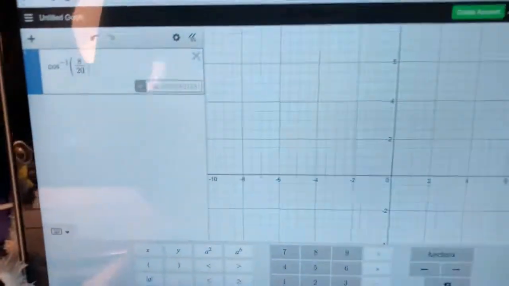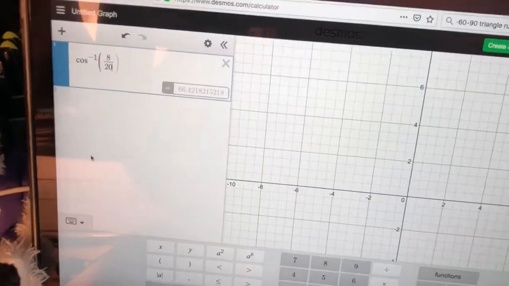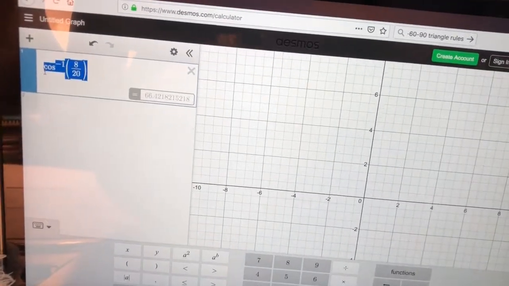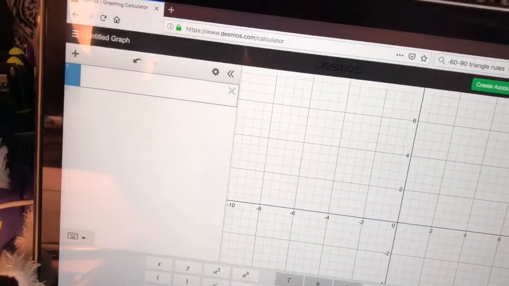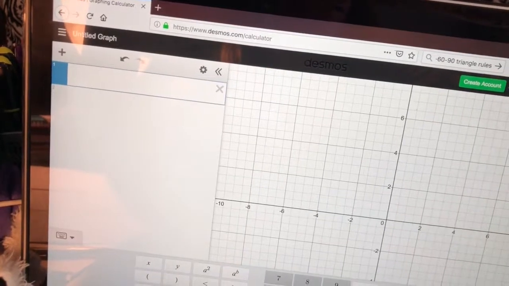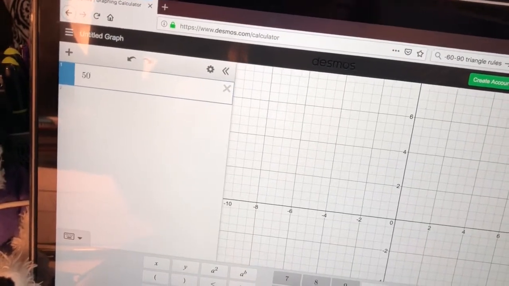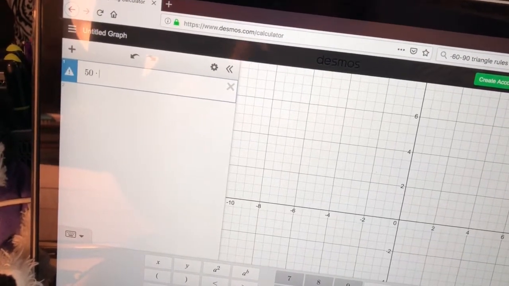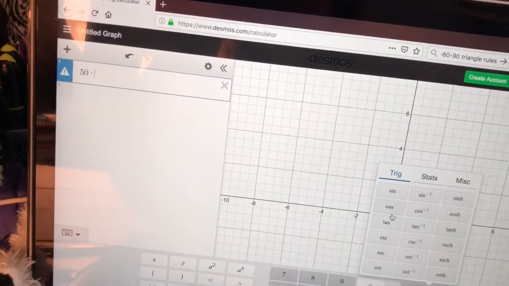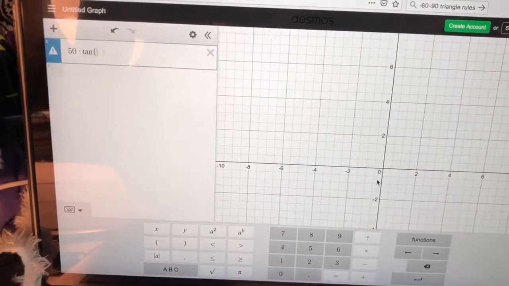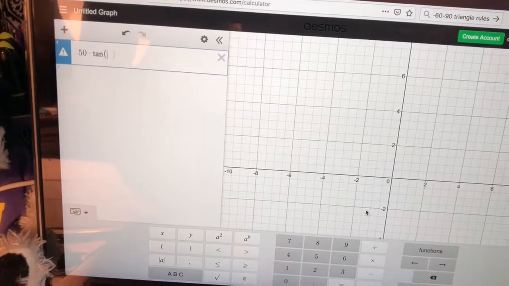So we're going to go on to Desmos, clear out what we did in the last one, and we've got 50 times tangent of 53.